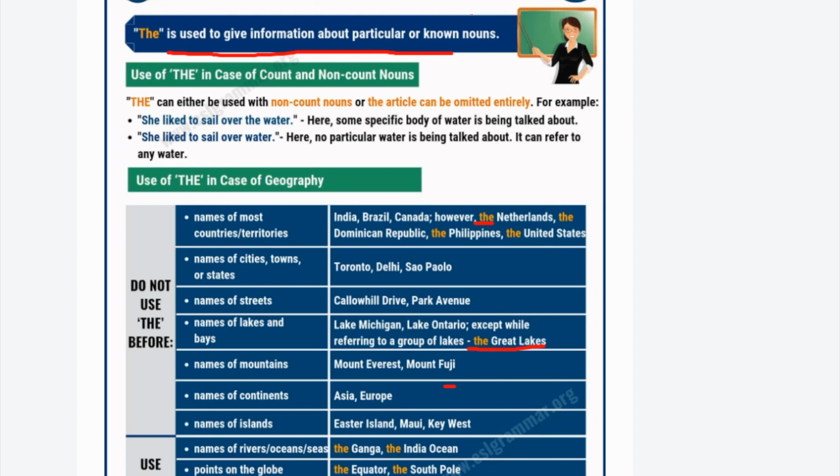Before the names of a mountain, for example, Mount Everest, Mount Fuji. These are single mountains, not a group of mountains. Before the names of continents: Asia, Europe. Before the names of islands: Easter Island, Maui, Key West, and so on. We don't use any articles.